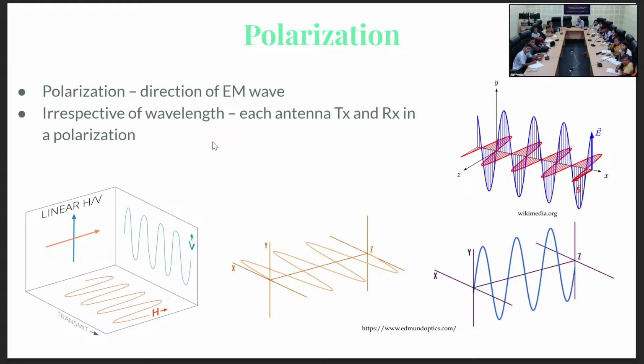That basically comes because only light with the electric field in one direction is allowed to pass. So when you are sending the light from the antenna, you can send it in either horizontal or vertical polarization. Similarly, when you are receiving it, you can receive only horizontal or only vertical.